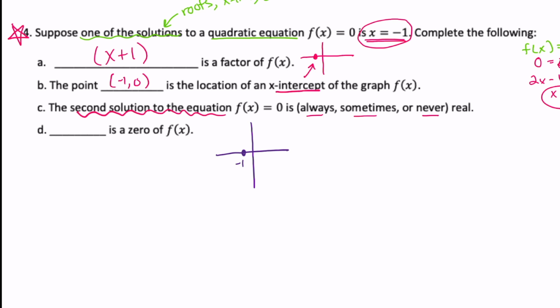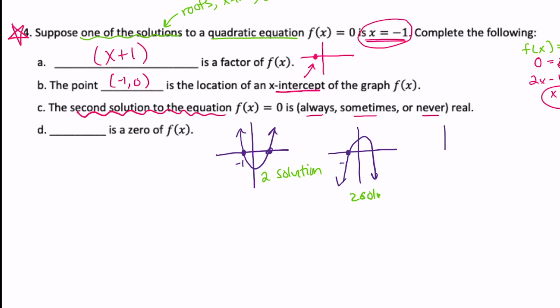Well, one possibility is that the graph crosses at -1, loops down or loops up, and then comes back through the x-axis. So that would be a two-solution possibility. And both those solutions would be real because it's occurring right there on that x-axis. Well, another solution, okay, I could have -1 again. I could have just looped the other direction. So there's two solutions again, two real solutions.